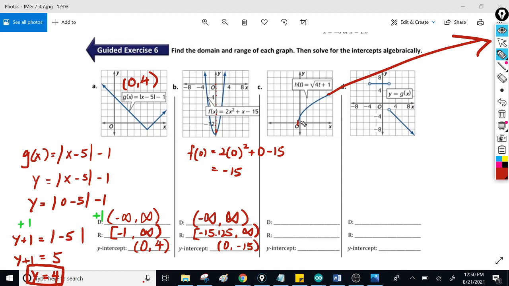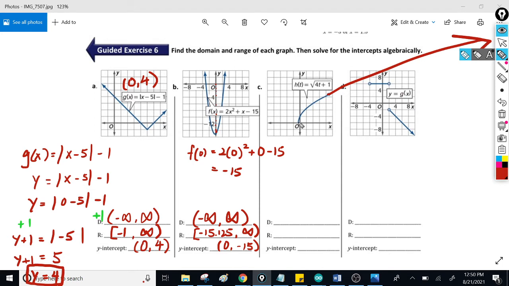So to solve for the domain, the furthest left right here, you can't really believe the graph, right? The graph can be tricky because right here it could be 1/5, it could be 1/4, it could be 1/8. It's just not really a good idea to look at the graph and try to figure out the domain.